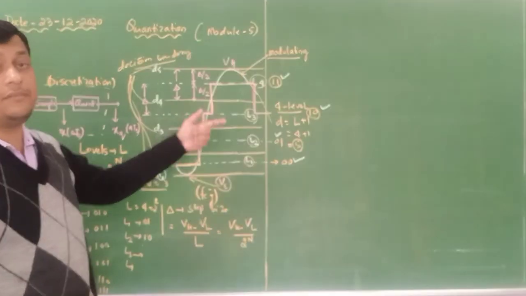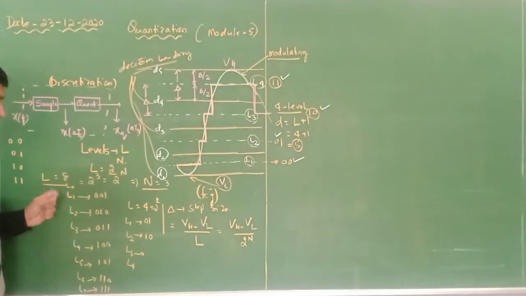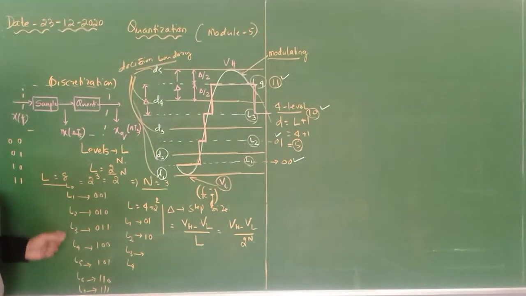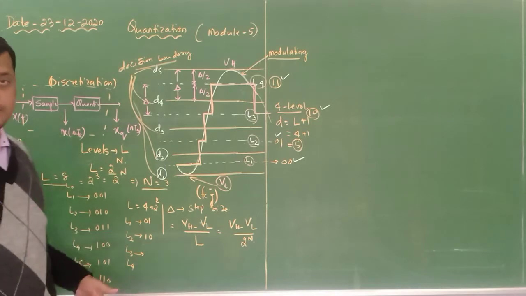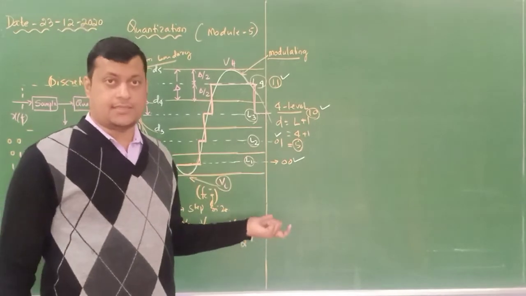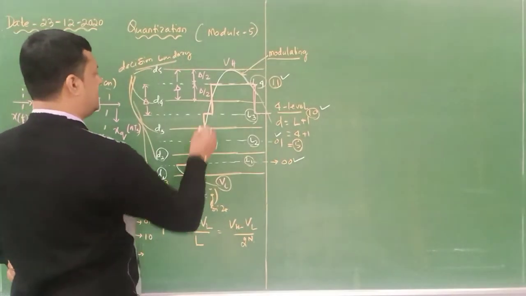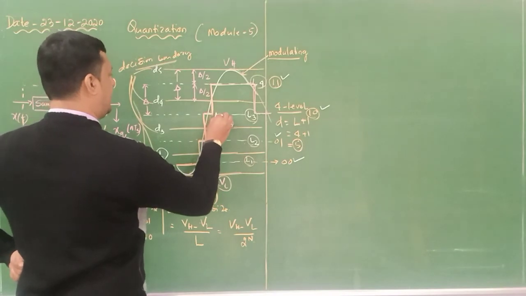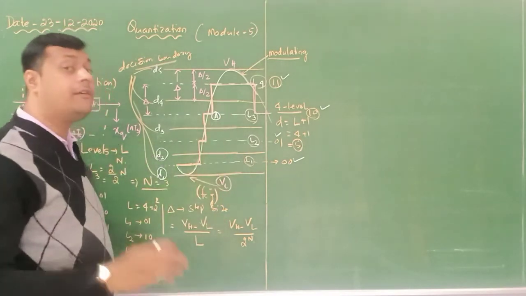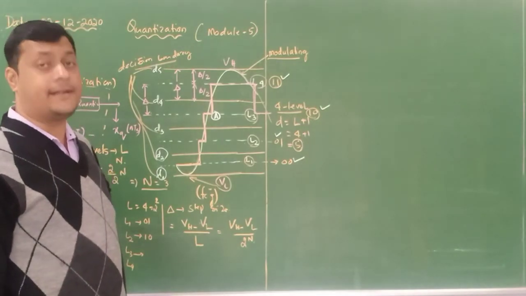If the number of levels is 8, how many binary bits will come? The binary bits will come with respect to levels L1, L2, L3, L4, L5, L6, L7, like that. So this is the quantization process. Now, for example, let us consider a point A at this particular point. How is it decided which particular point we are going to identify?